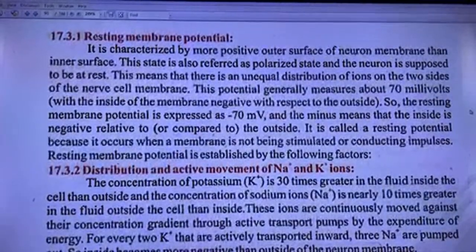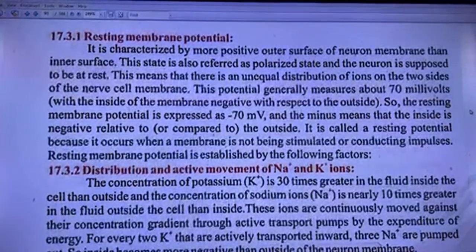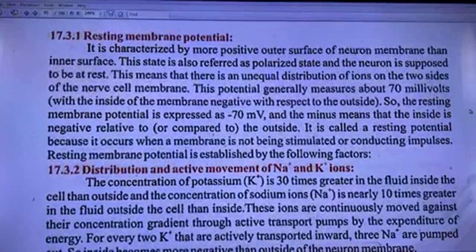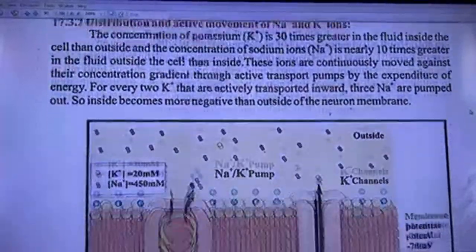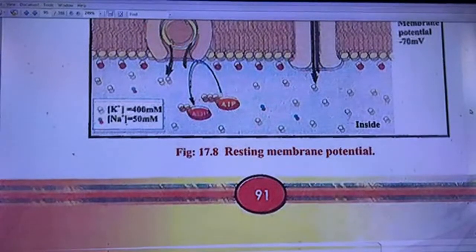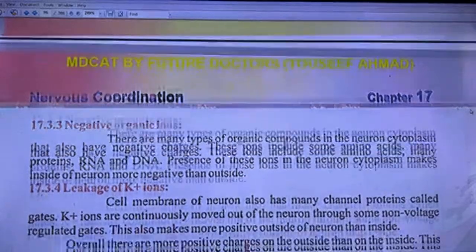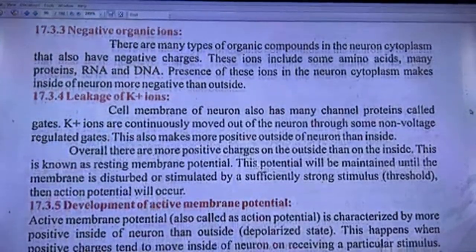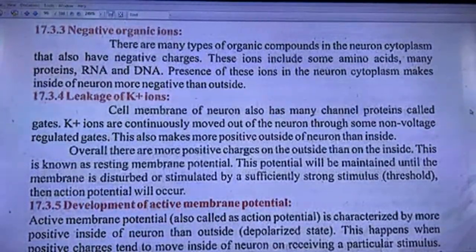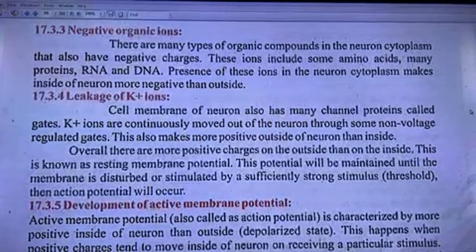Resting membrane potential is established by the following factors: distribution and active movement of sodium and potassium, negative organic ions. There are many types of organic compounds in neuron cytoplasm that also have negative charges.